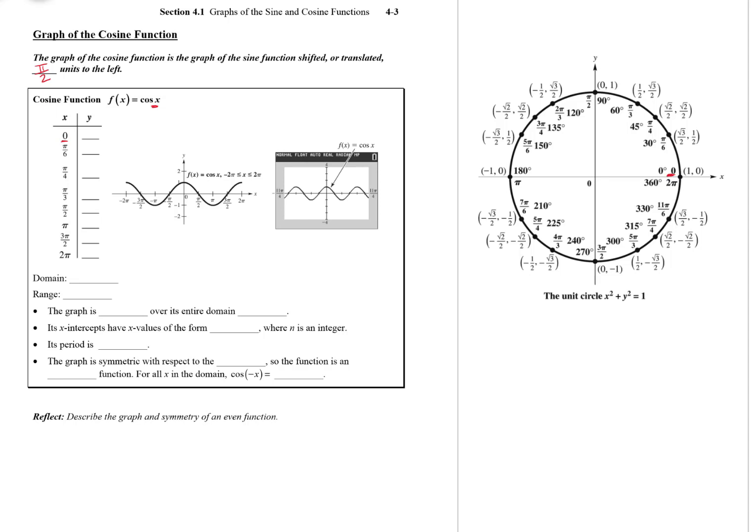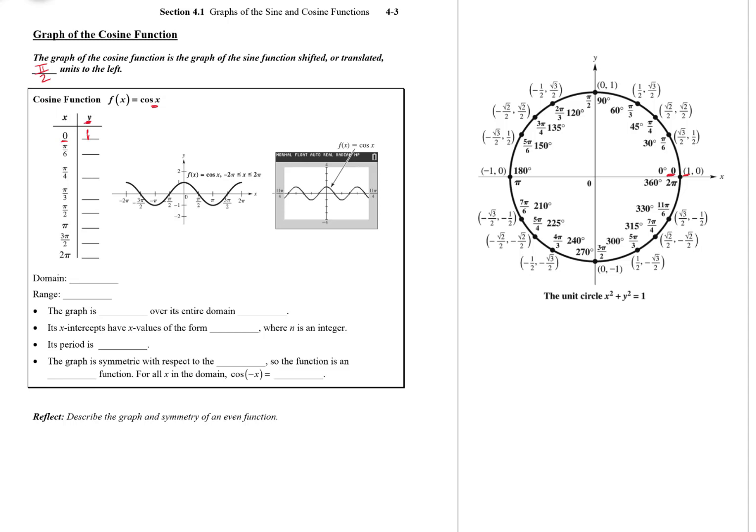But remember the definition of cosine is x, and so this value that we're finding for cosine is actually the x in the ordered pair. When the angle is 0, the x value of the ordered pair is 1. That's cosine. So remember, that's the definition that we found in chapter 3 of cosine.